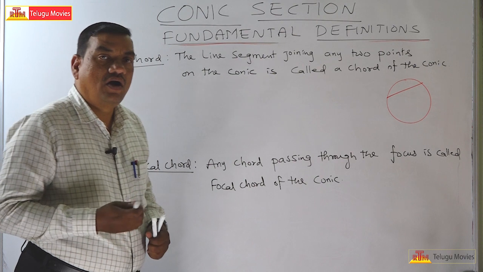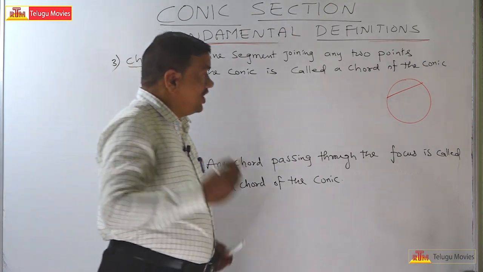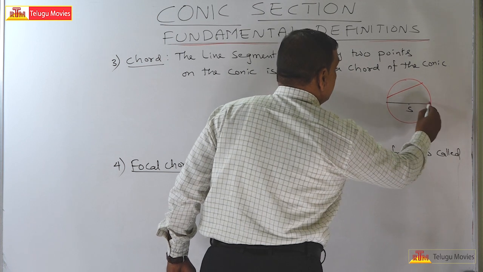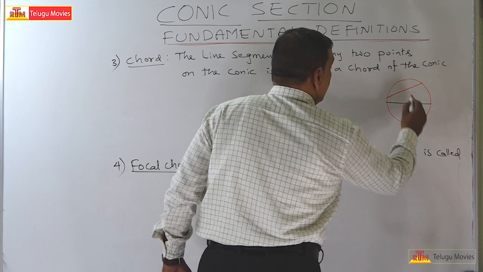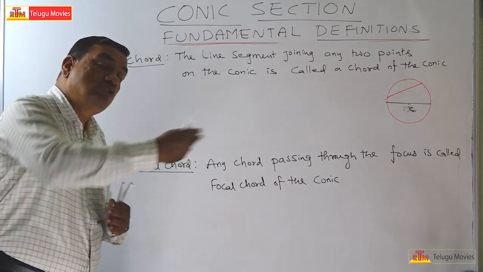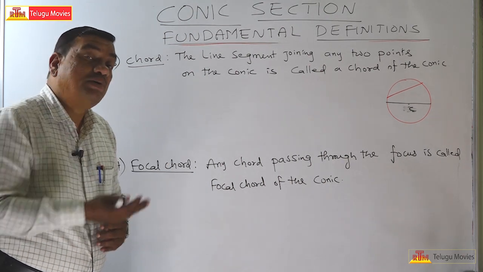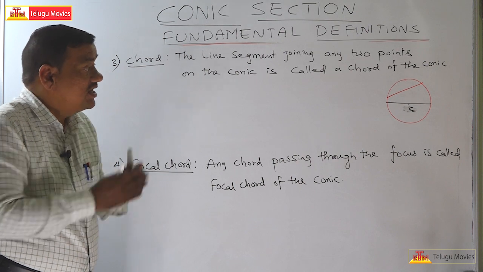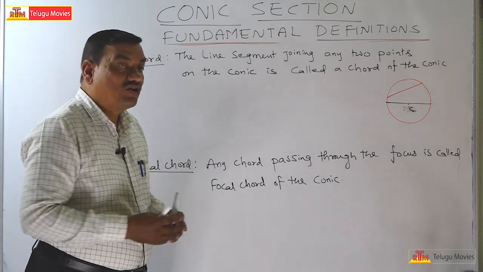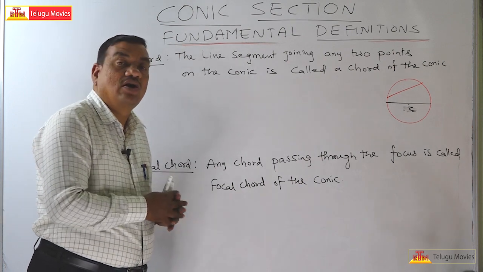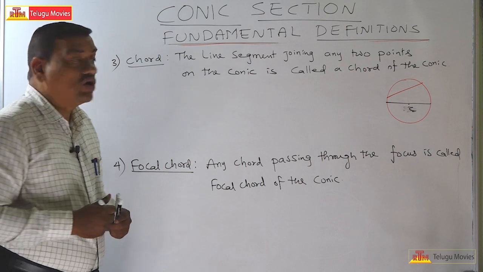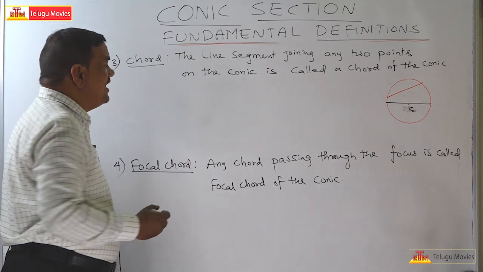If the line segment passes through the center of the circle, the special name given is diameter. So a diameter is also a chord, but what is the specialty of the diameter of the circle? It passes through the center of the circle. That's why it is called a diameter. The same concept applies here also. So what is the chord of a conic? Let us take any conic.